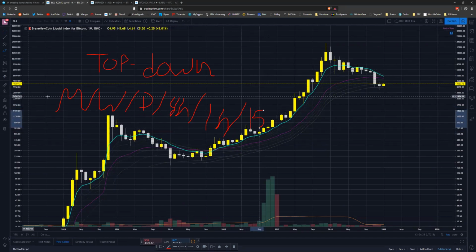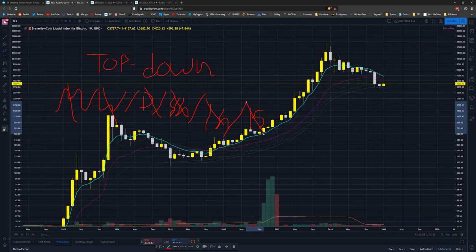And we'll see across all of these time frames, different patterns emerge that are all really a part of the same pattern.